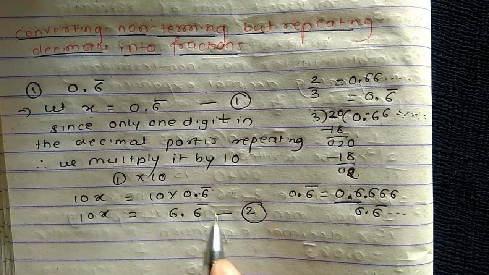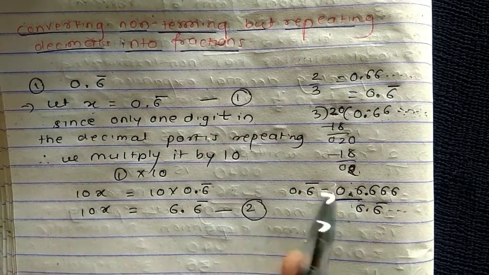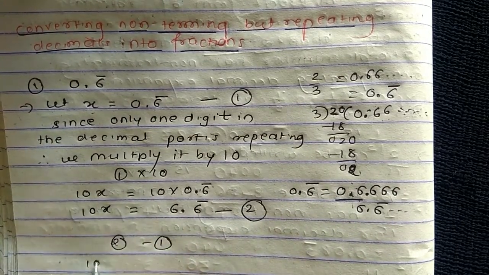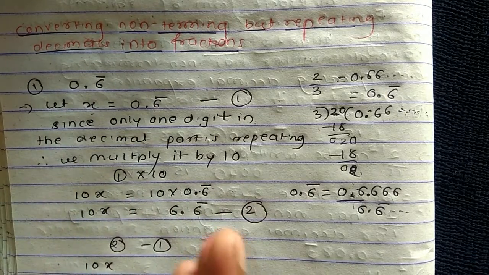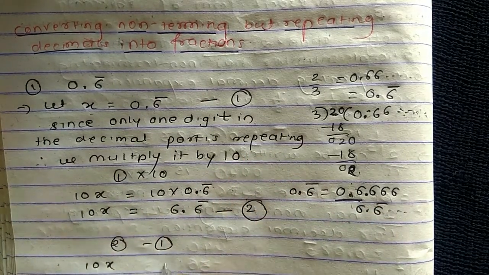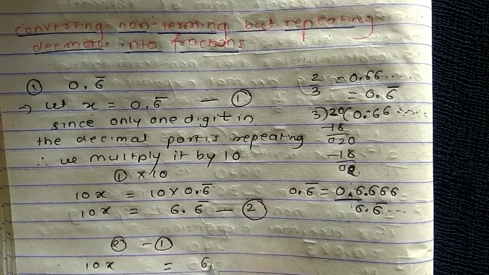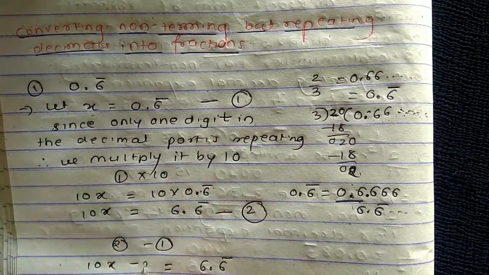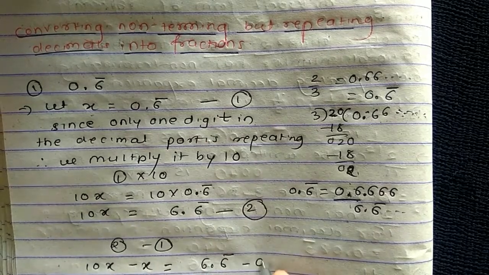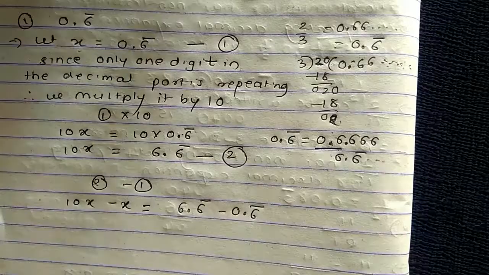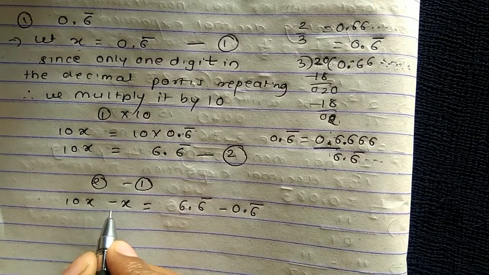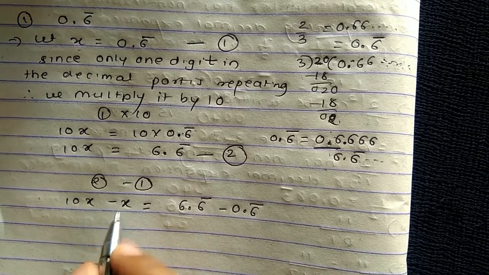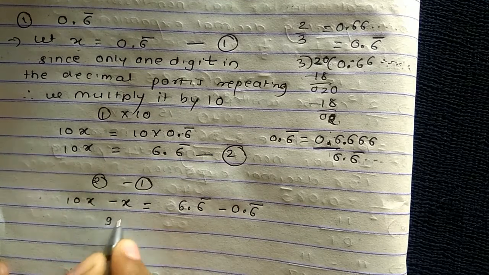Now we subtract 1 from 2. On the LHS, 10x, and on the RHS, 6.6 bar. Subtract the LHS of 1, that is x, and the RHS 0.6 bar. So 10x minus x is 9x.